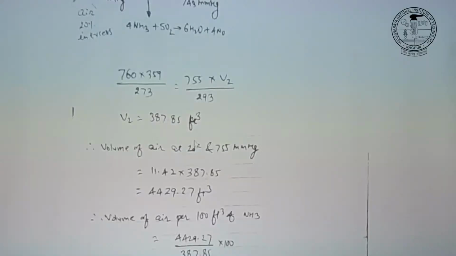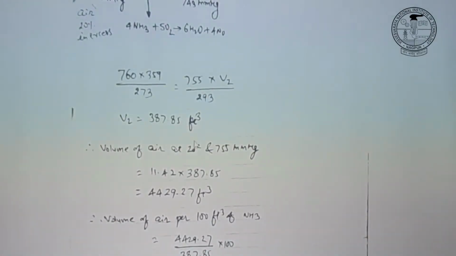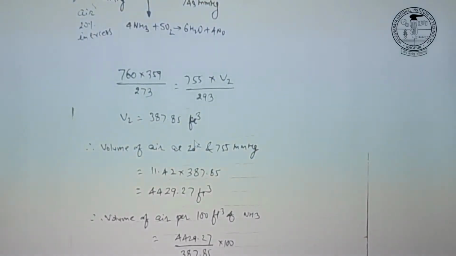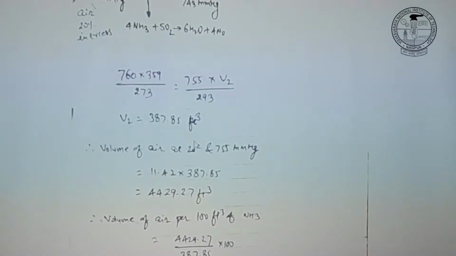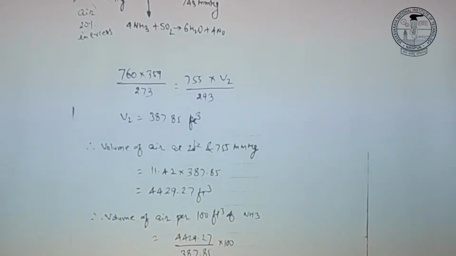Now how much N2 is there? 11.42. So it is to be multiplied. So you see here the volume of air at 20 degree centigrade and 755 mmHg pressure, which is the condition of air to be supplied, comes out as 4429.727 cubic feet, right.